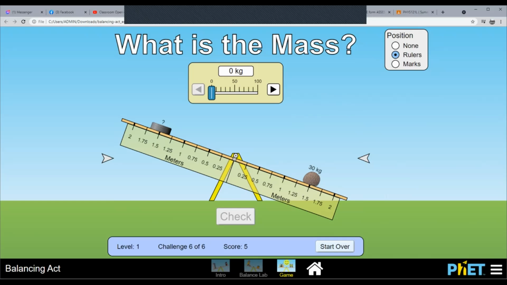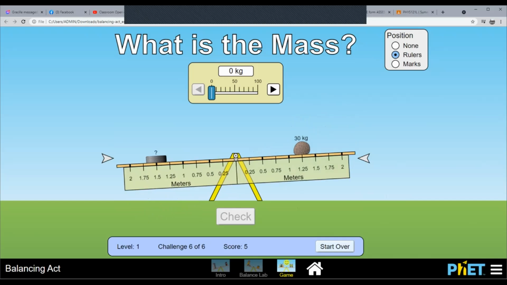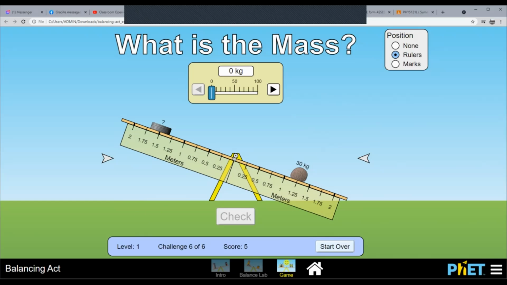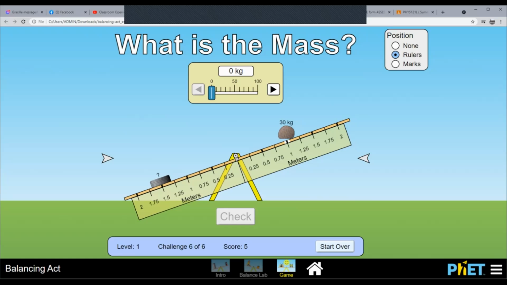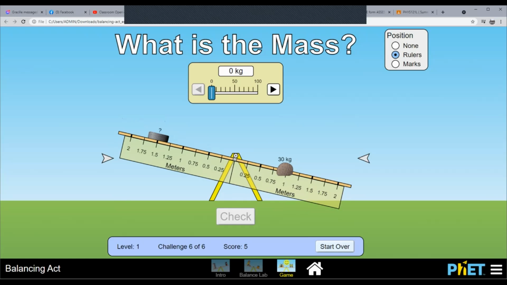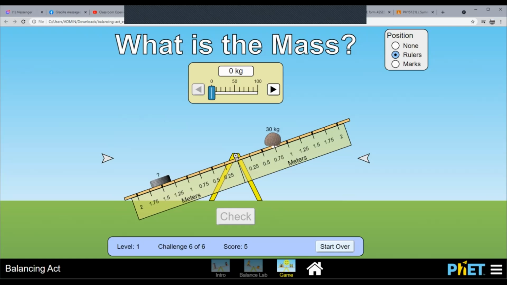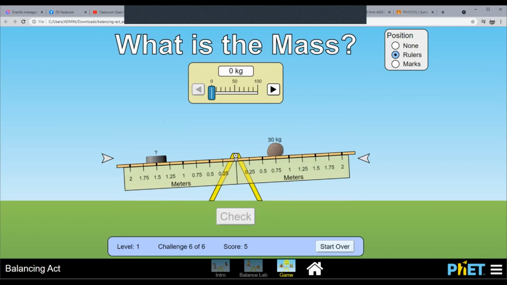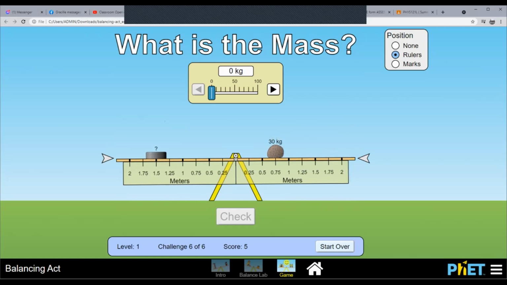So, ibig sabihin, hindi 30 kilogram yon. Pero pag nilagay mo siya sa 1.25, hindi pa din. Mabigat pa rin yung 30, hindi pa rin kayang ibalanse nung nandun sa kabilang side. Pero habang lumalapit yung 30 kilogram dun sa distance, habang lumalapit siya sa fulcrum, so what is the mass?